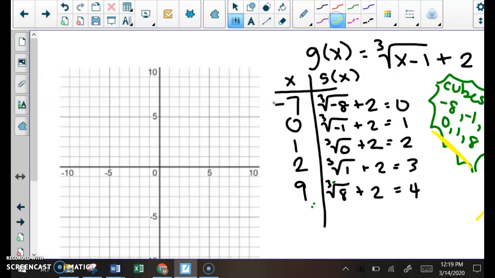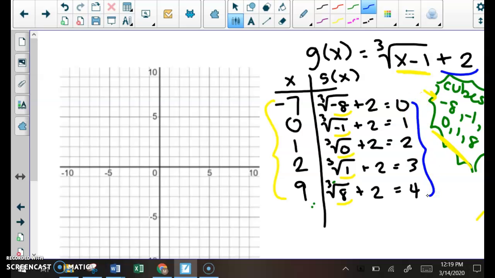Okay, so these are the values that would make x minus 1 these perfect cubes over here. I evaluated all of them. All of these came from our x values minus 1. So those are our 5 perfect cubes. And then all of them needed the plus 2. So all of these 5 values here are the outputs.